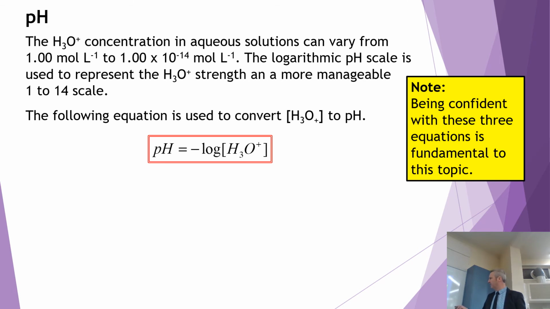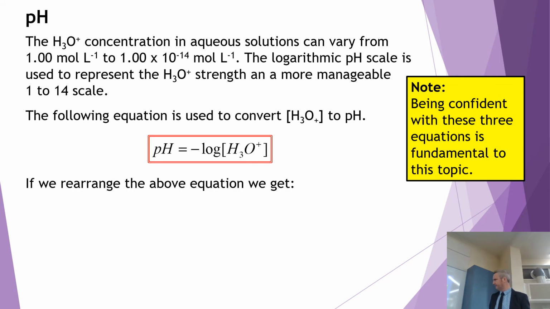We take the concentration of our H plus or our H3O plus, and we carry out a log function to it, and then we change the sign of it to make it positive. This equation here, by the way, is one of the 3 fundamental equations we need to know for this topic. You just need to be able to do this really quickly without thinking about it. So you need to practice doing exercises with this on your calculator.